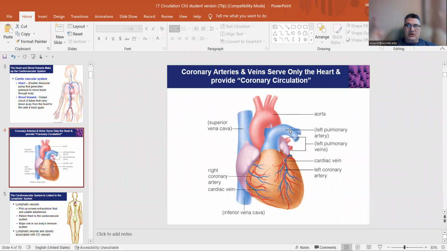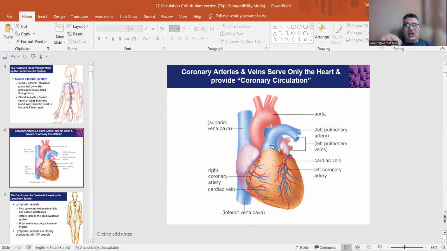One more time. Superior, inferior vena cava, deoxygenated. To the right atrium, still deoxygenated. To the right ventricle, still deoxygenated. To the pulmonary arteries, toward the lung, still deoxygenated. Until you get to the lung, anything before that is deoxygenated.